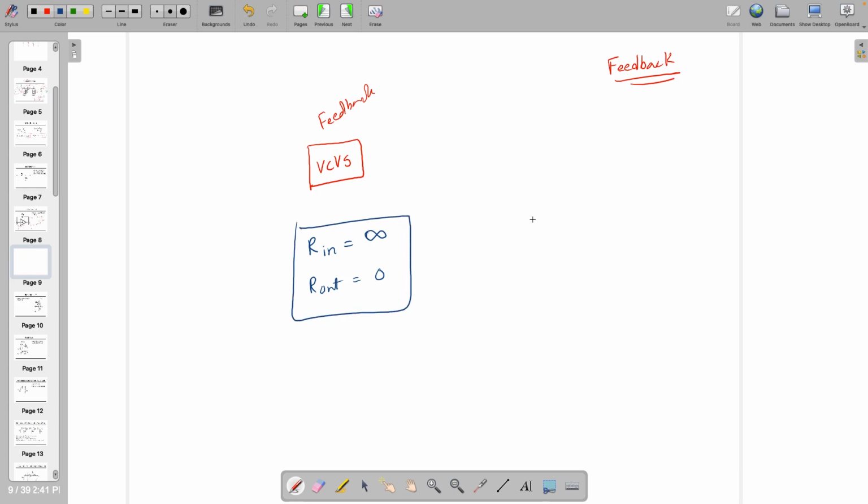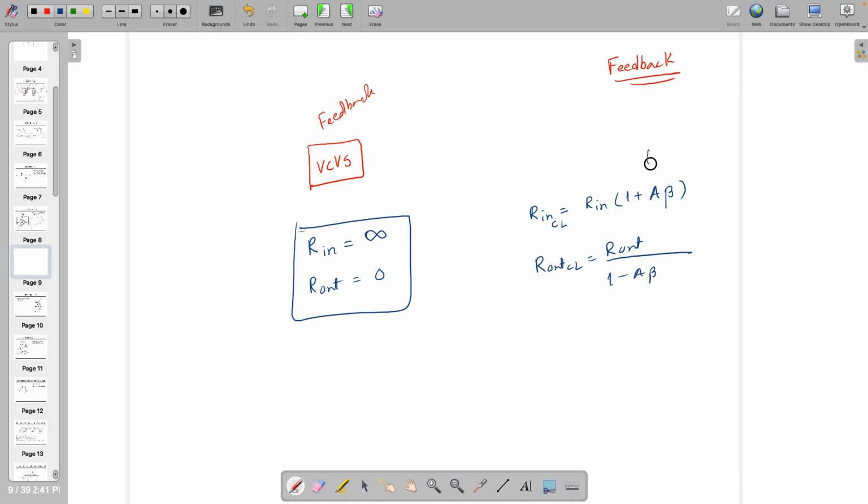If you are going to keep it in feedback, let's call it R in closed loop. This was open loop. So R in becomes augmented by A beta and R out gets decreased by A beta.